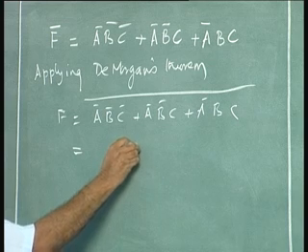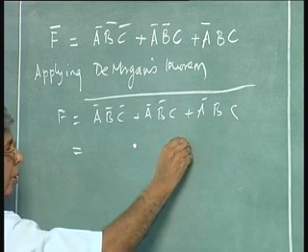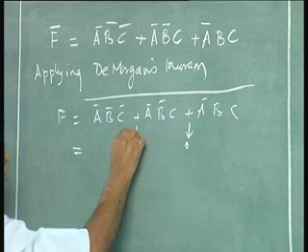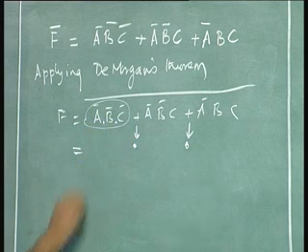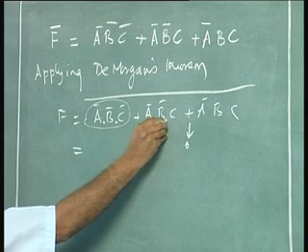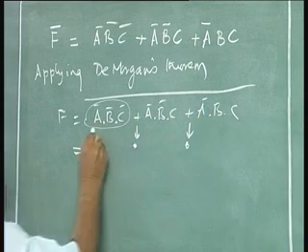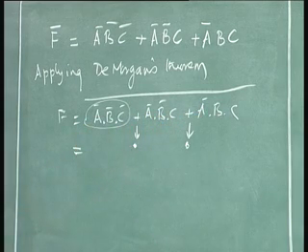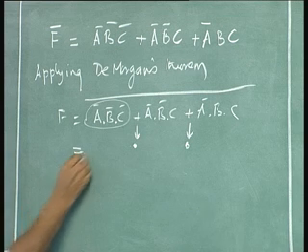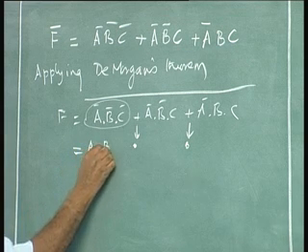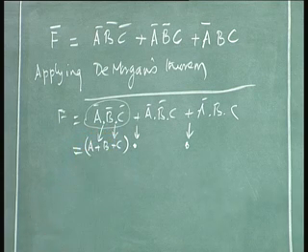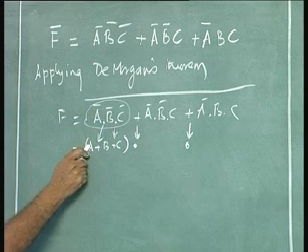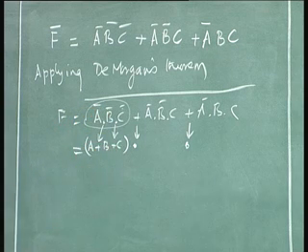This OR operation becomes an AND operation, this AND operation becomes an OR operation, each of these AND operations becomes OR, and each of these variables gets complemented. That means it becomes A or B or C, and the complement is removed, complement removed, complement removed, correct?